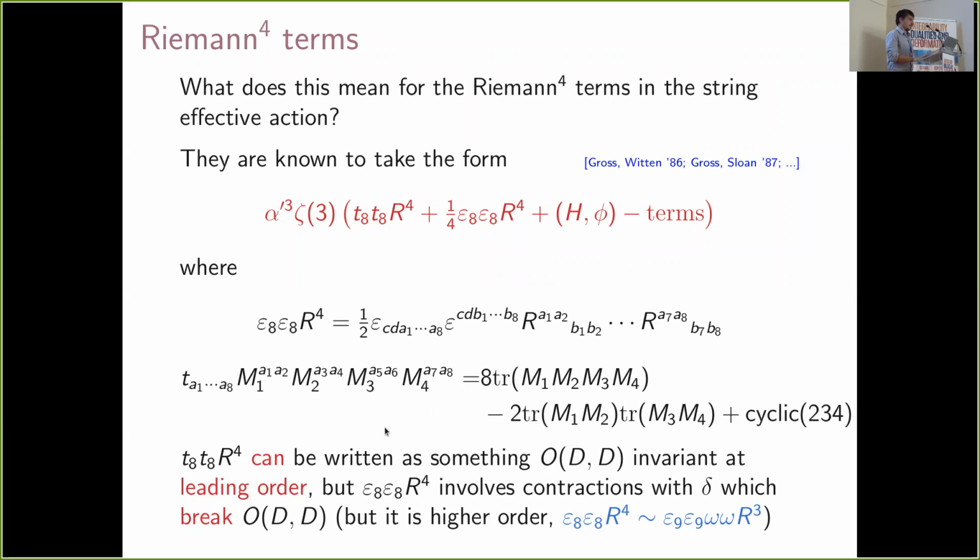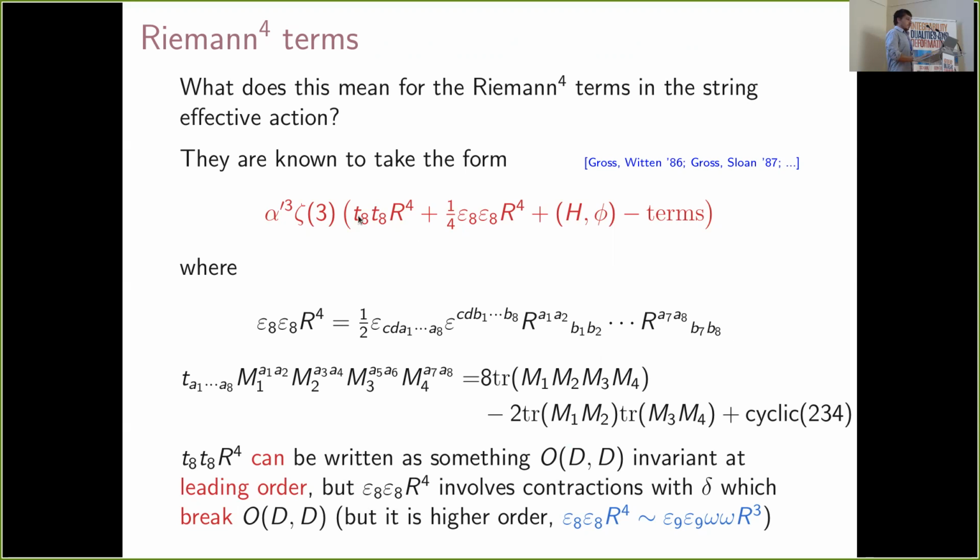That's just the definition. This comes out of scattering amplitudes. And then here, of course, you take one T8 and contract with all the lower indices, B1 through B8, and then you take the other one and contract with all the upper indices. That's how the first term is defined.